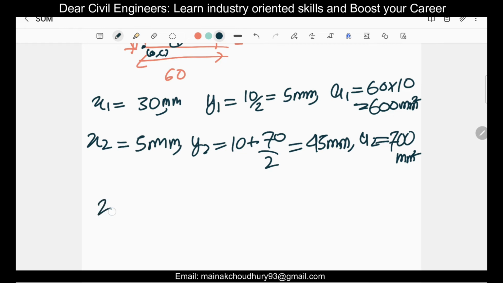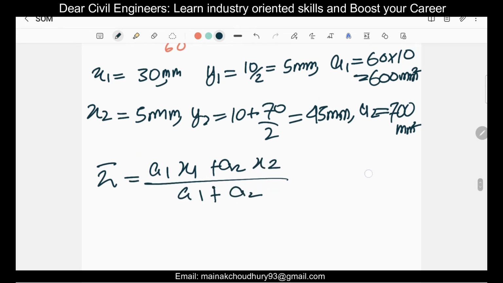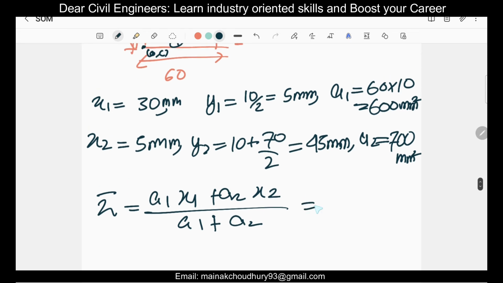So the x bar formula we already know, x bar equals a1 x1 plus a2 x2 by a1 plus a2, right? Let's put all the values together and then calculate.